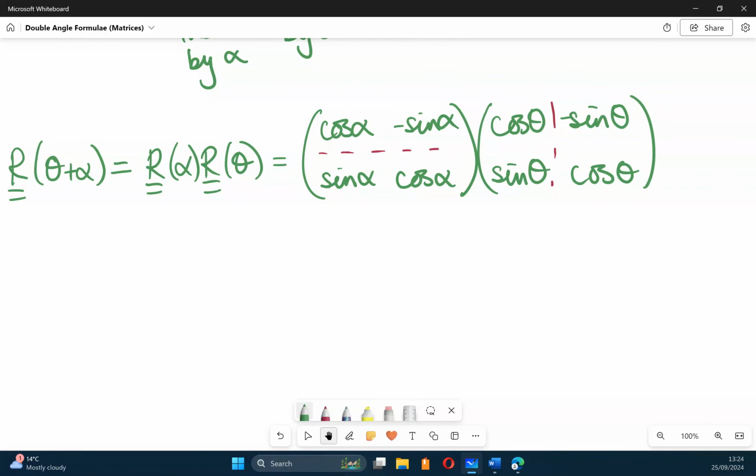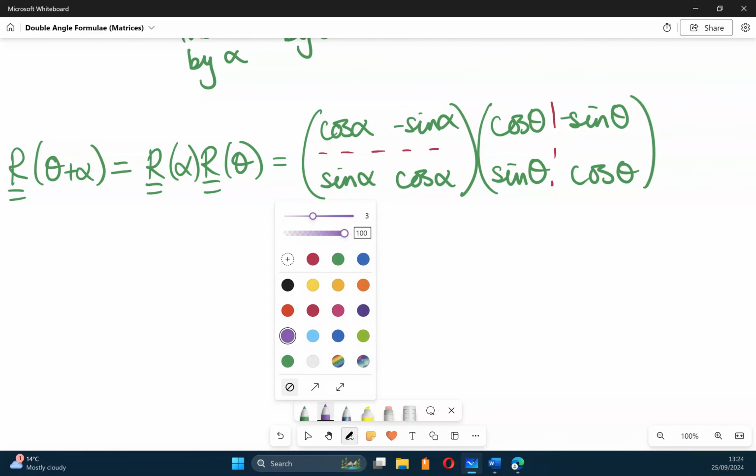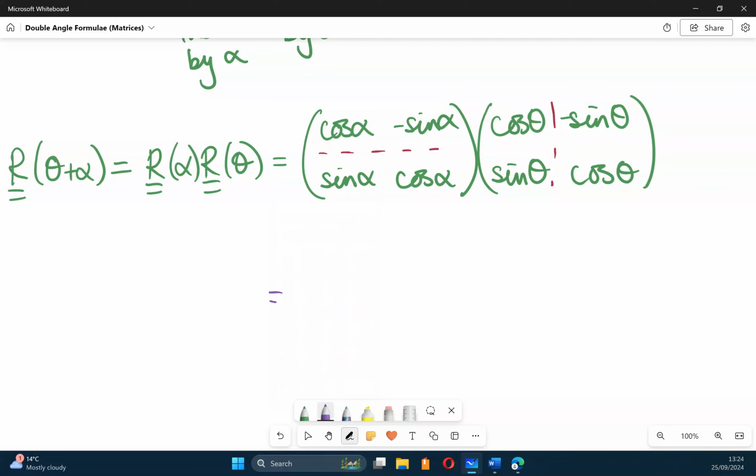So if we wanted our first row, first column, so that is cos alpha times cos theta. So I'm going to write it in this way to get it in a more similar form to what we're used to. So cos theta times cos alpha, and then we've got the minus sine alpha times the sine theta term. So that's minus sine theta sine alpha.